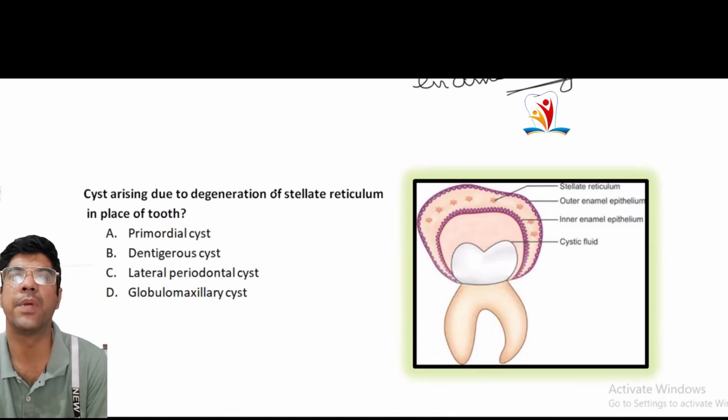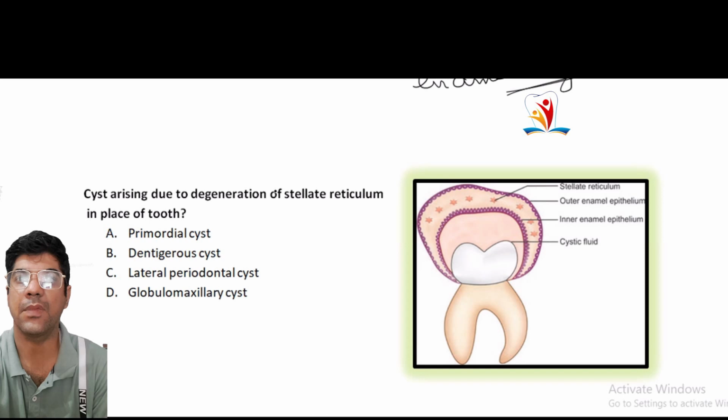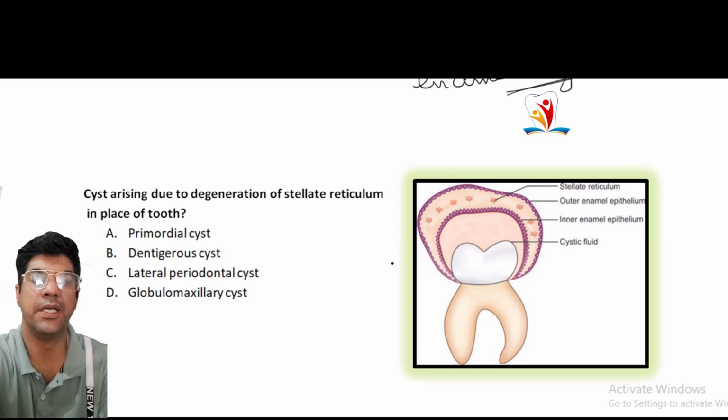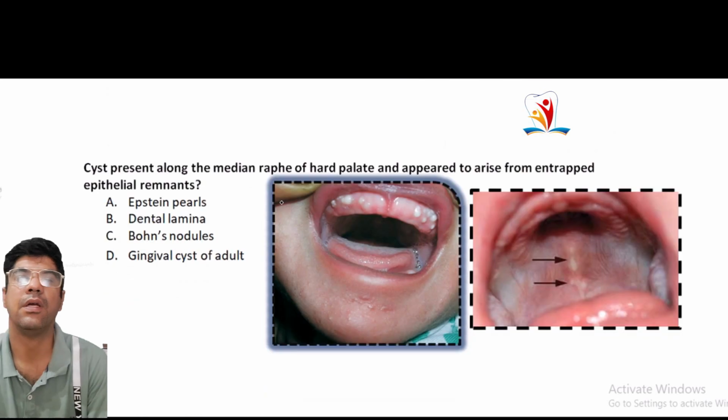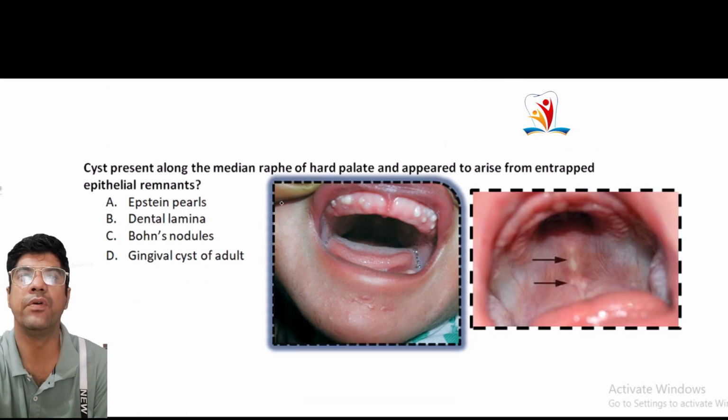So your answer would be primordial cyst. The cyst that arises from the degeneration of stellate reticulum is again the primordial cyst. Remember that from your exam point of view.